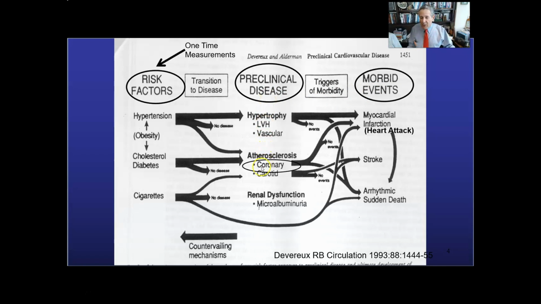In particular, we're talking about coronary calcium, but there's other preclinical disease such as left ventricular hypertrophy, and invariably the preclinical disease was a much better predictor of morbid events than the conventional risk factors. The other thing we've learned is that the conventional risk factors were certainly not all the risk factors. There are so many more.